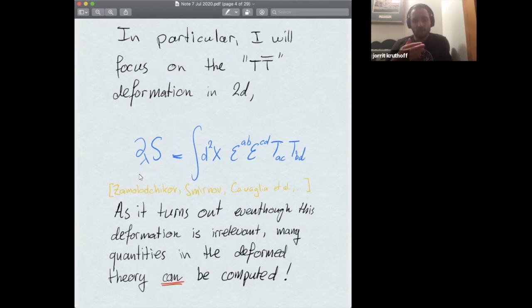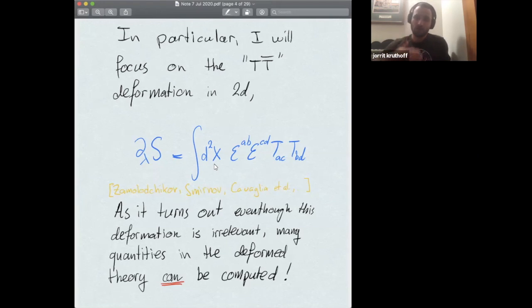Suppose I start with the CFT, and I add to the CFT Lagrangian this particular contraction of the stress tensor. Then I have introduced a tiny bit of this deformation, and what I'm instructed to do is compute the new stress tensor in that new theory.